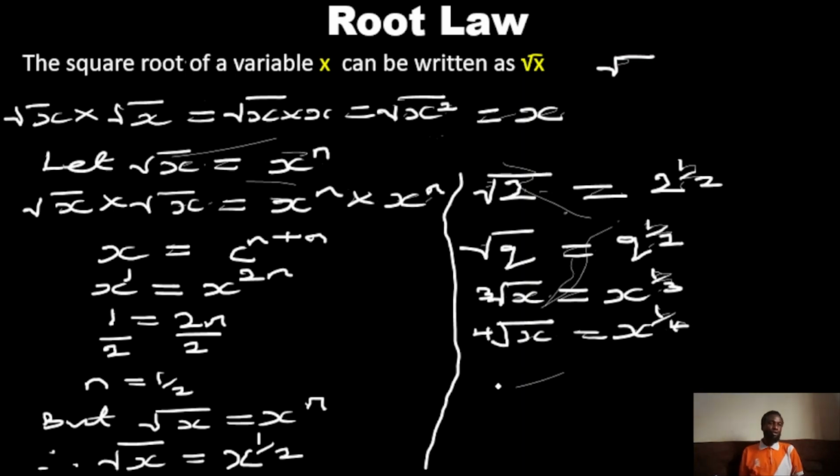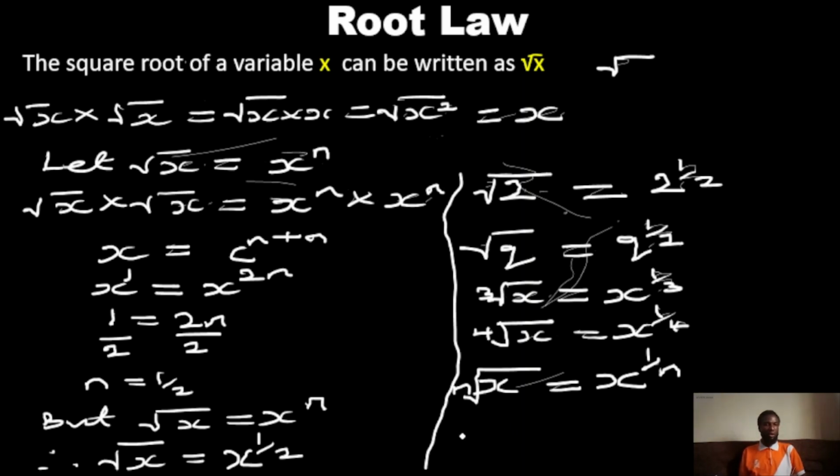Generally, the nth root of a number can be written as x raised to the power of 1 over n, where this n determines the root you are finding, whether it is square root, cube root, fourth root, fifth root, and so on.